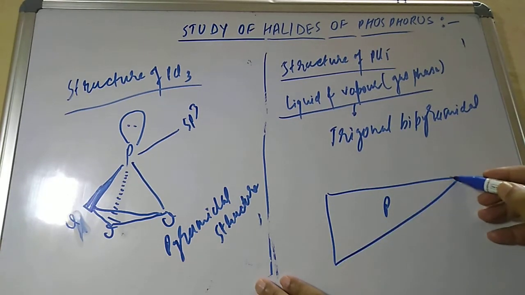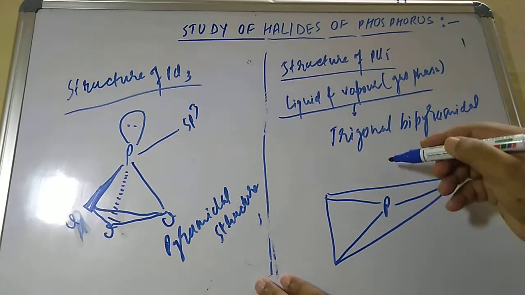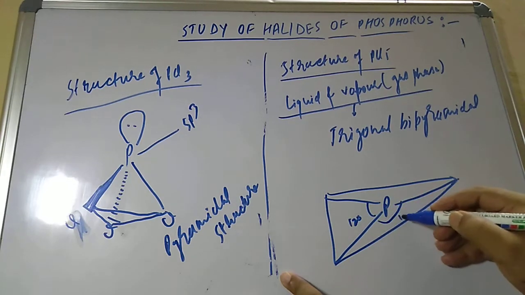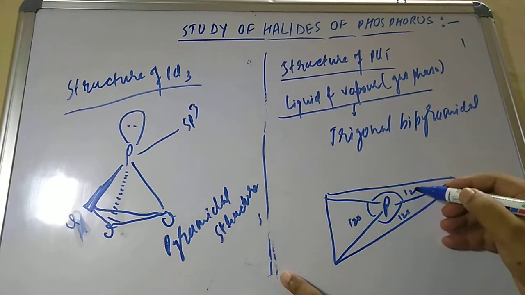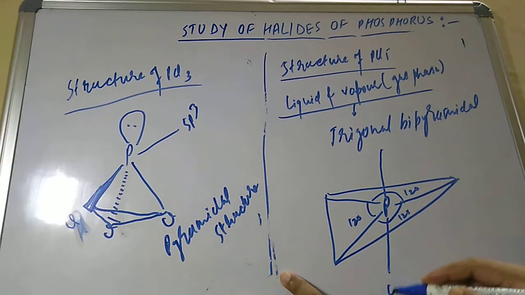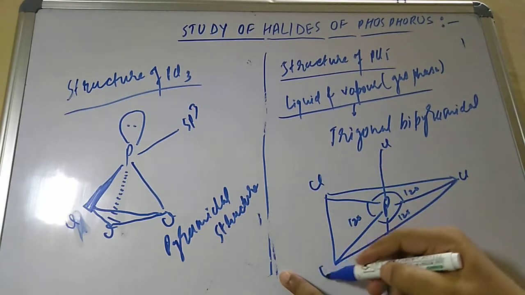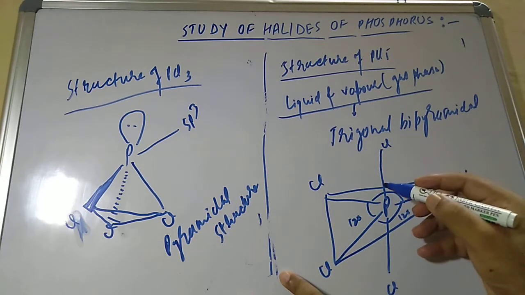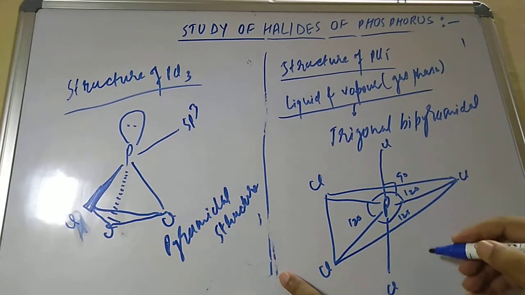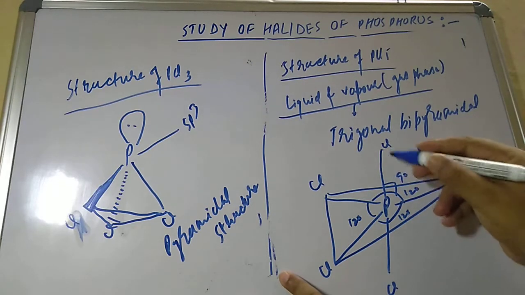The 3 bonds you put as equatorial. These are the equatorial bonds. Now you see the angle, 120 degrees. Here is 120 degrees, here is 120 degrees. Then you put Cl here. This is known as the axial bond, and here the angle is around 90 degrees. The 120 degree bonds face less repulsion, and the axial bonds face more repulsion.